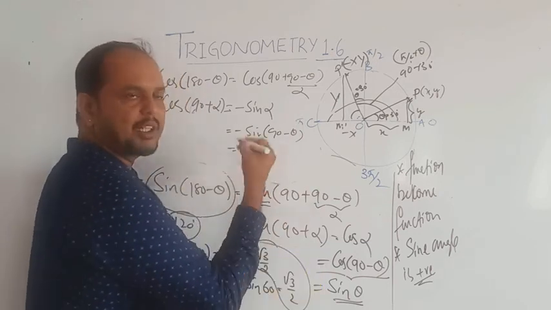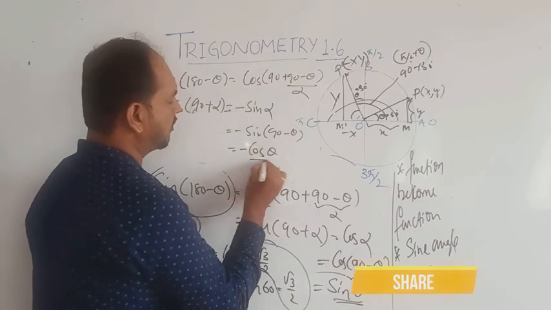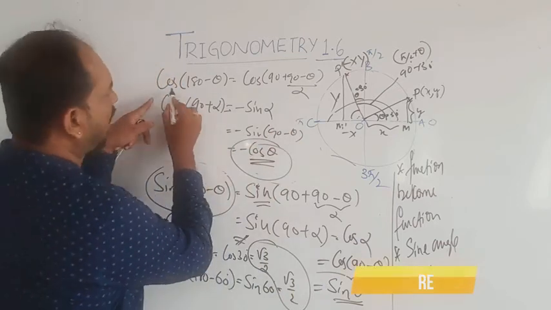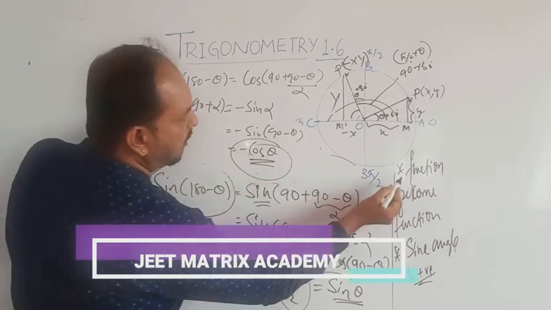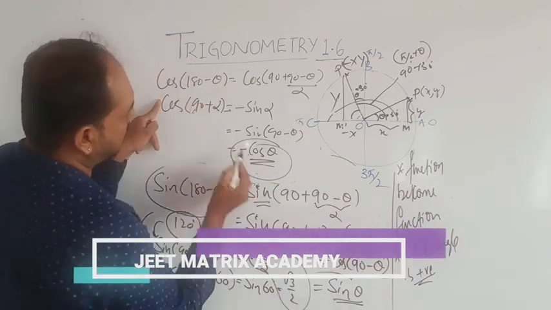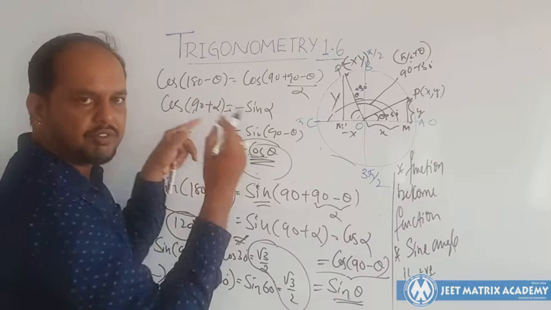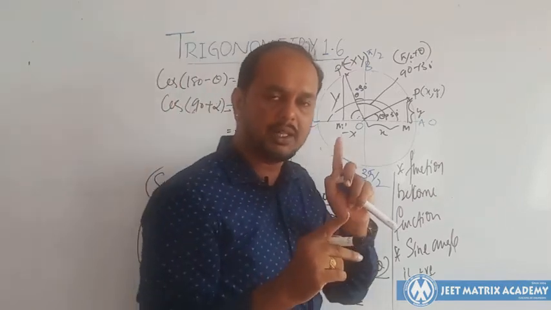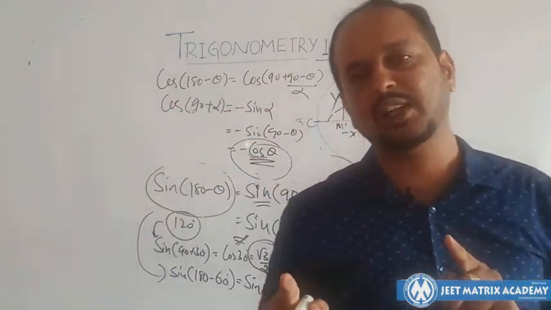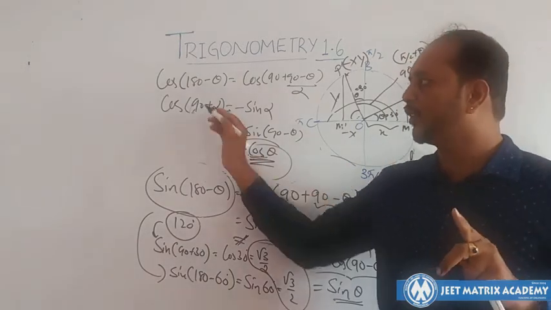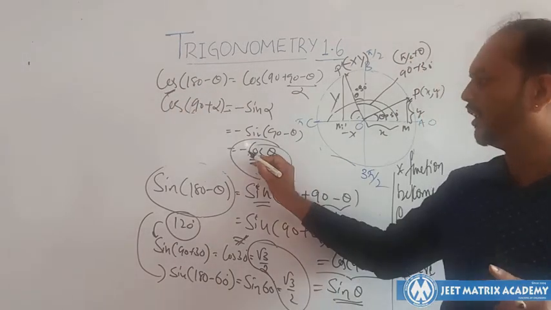What happens? Sin becomes cos θ. So cos of 180 minus theta, function becomes the same function, cos becomes cos. But it lies in the second quadrant, so in the second quadrant only sin is positive, the rest all, so cos will become negative.